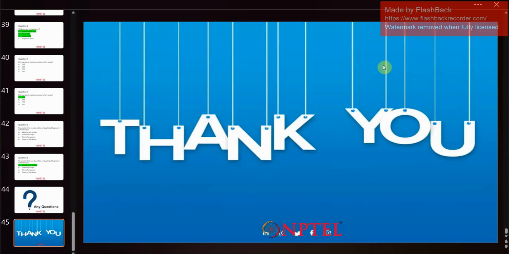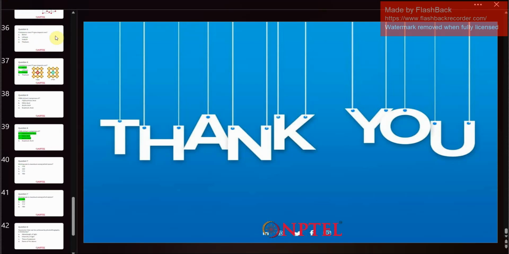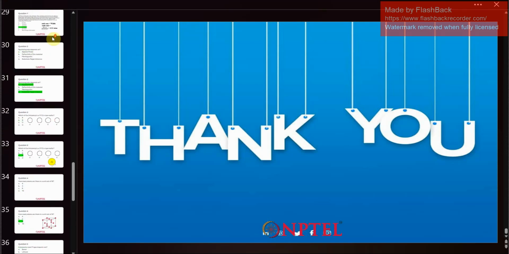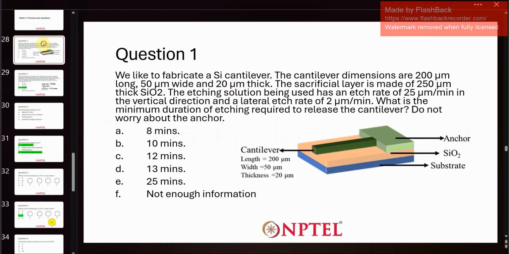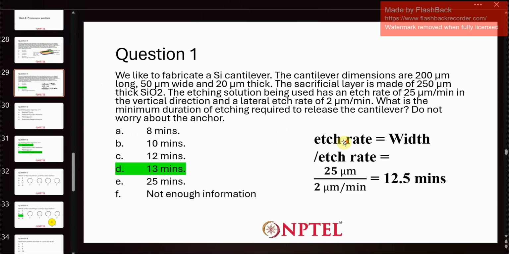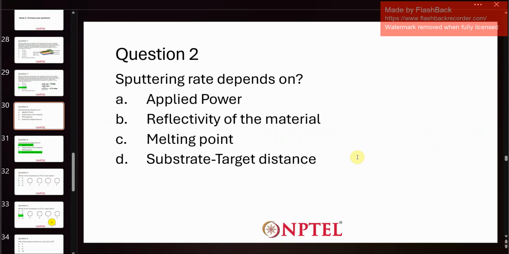So that is how the etching will actually happen. So that is how you calculate the etch rate. So from the width and the time, you get the etch rate, with the time in minutes. And since 12.5 is the closest to 13, we find the time is 13 minutes.